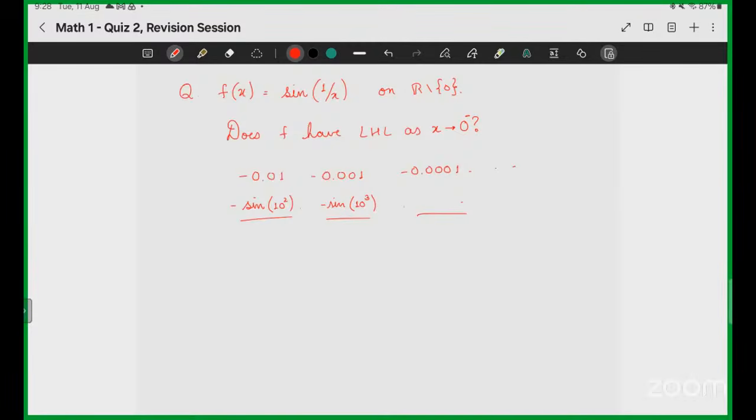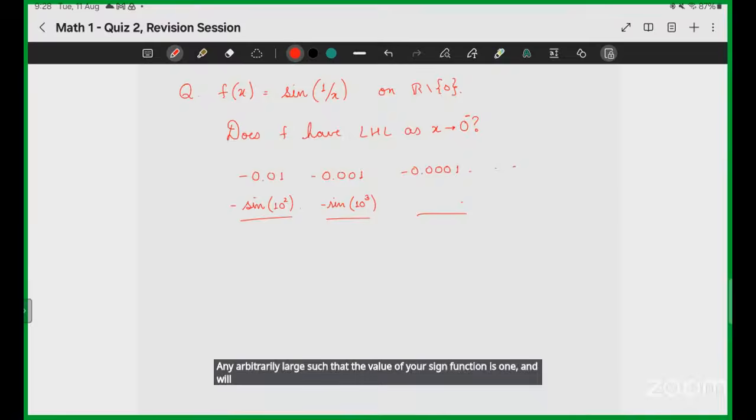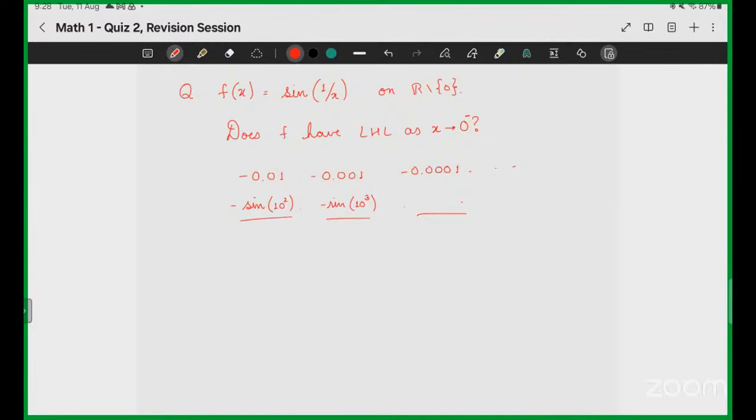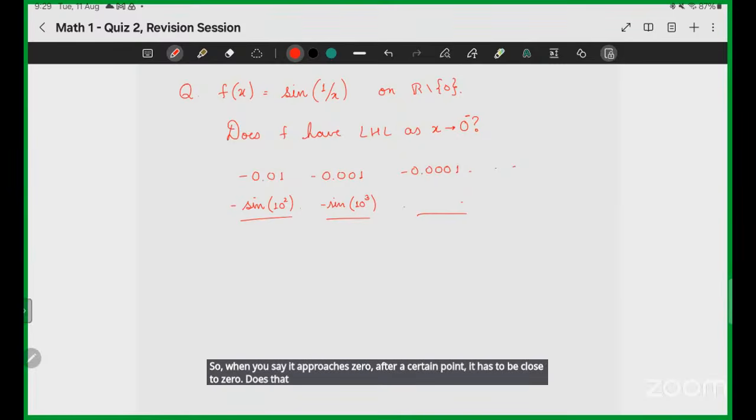Will there not always be arbitrarily large points such that the value of your sine function is 1? And will there not always be arbitrarily large values where it is minus 1? So when you say it approaches zero, after a certain point it has to be close to zero. Does that happen?